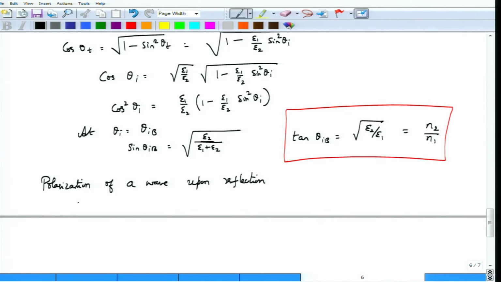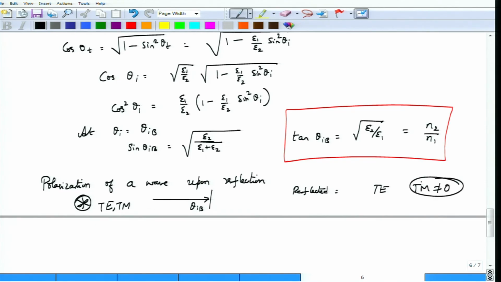Suppose you have a wave which is unpolarized, that is it has both TE and TM components. Now, if you make this incident at an angle of theta IB, what would happen to the reflected and the transmitted waves? For the reflected waves, there will be TE waves, but there will not be any TM waves, correct.